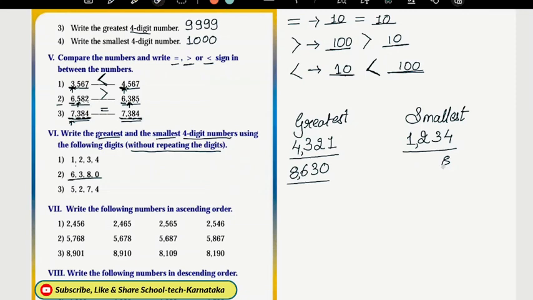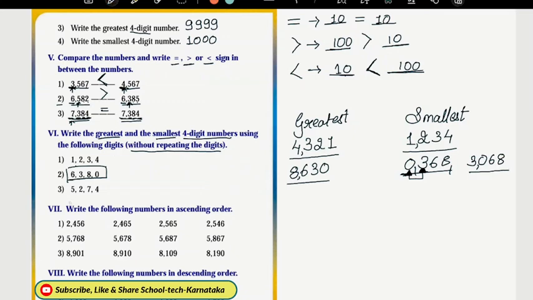So to find the smallest 4-digit number, we need to swap these two digits and write it as 3068. So we have found the smallest 4-digit number using these 4 digits, 3068.